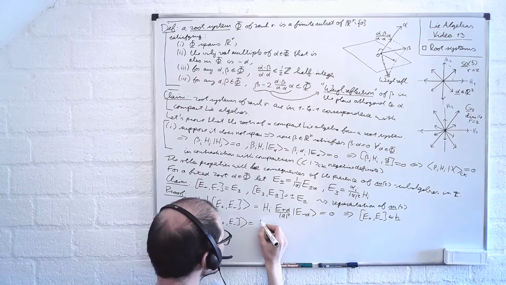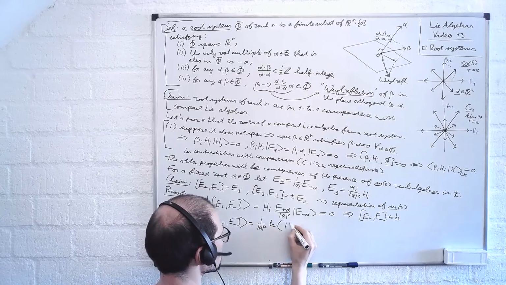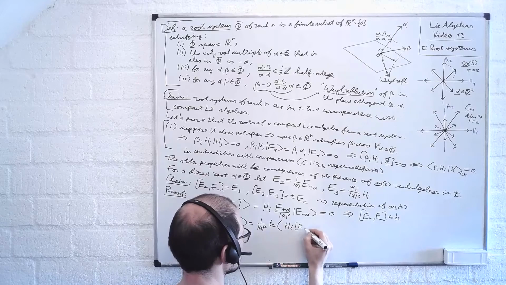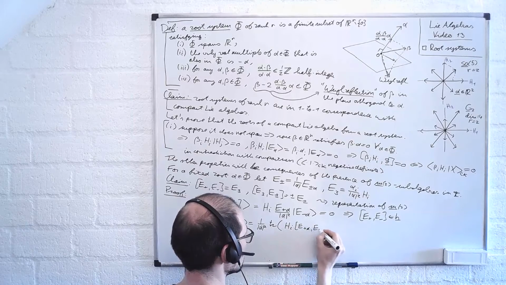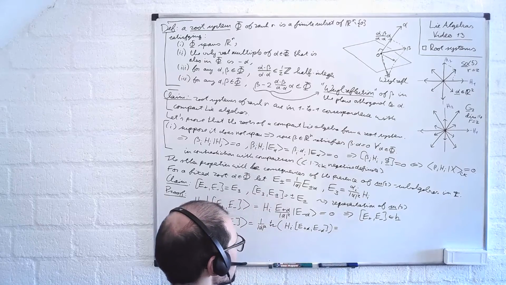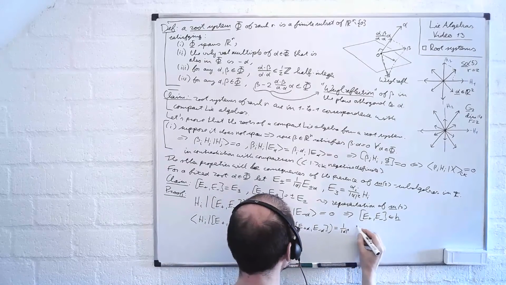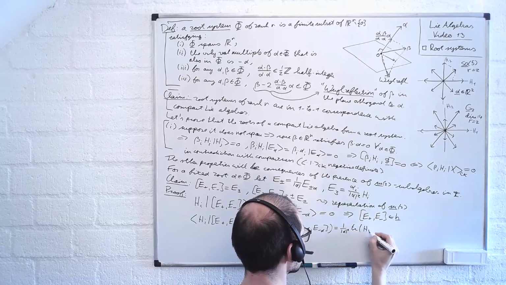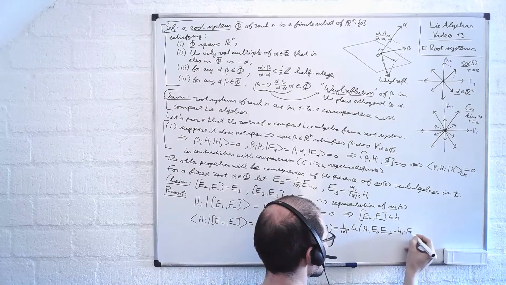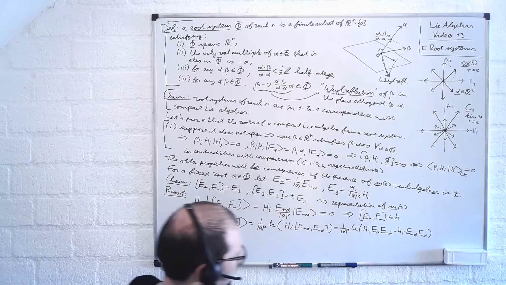So by definition of this inner product, this is the trace of hi multiplied by the commutator E alpha E minus alpha. So let's rewrite this trace a bit by expanding the commutator. So we have 1 over alpha squared trace hi E alpha E minus alpha minus the opposite order. Okay.